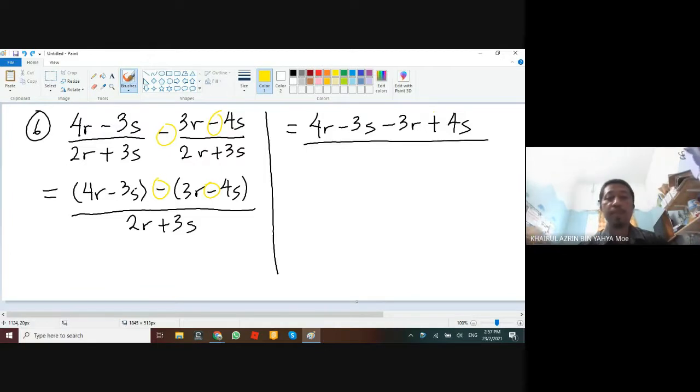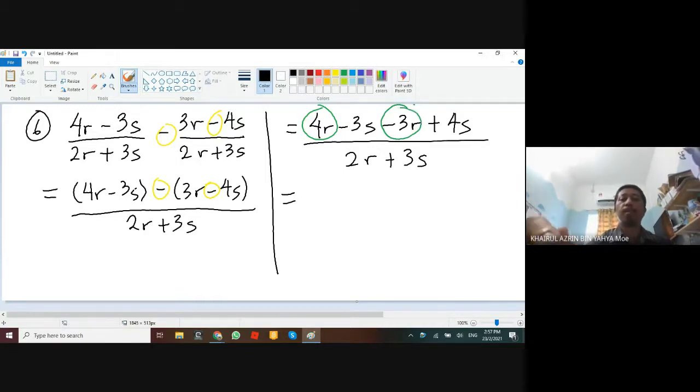The denominator we just write 2r plus 3s. Now let me use green color. This is 4r. This is negative 3r. So 4r minus 3r becomes 1r, or we just write r. No need to write number 1.